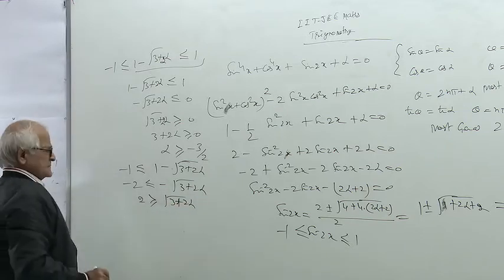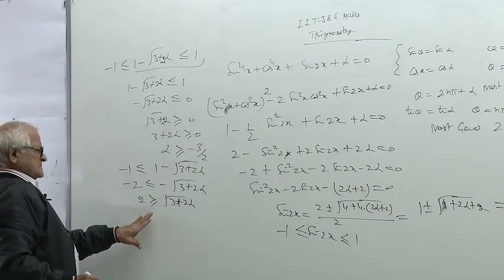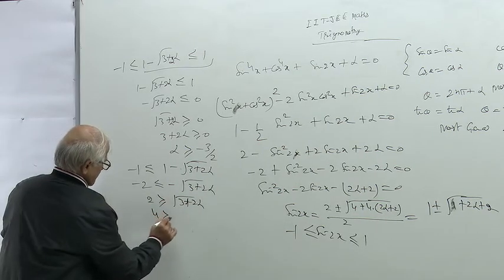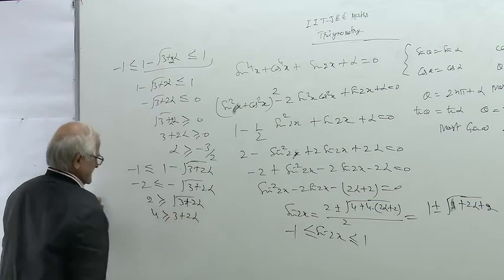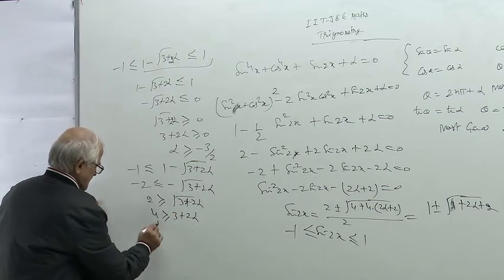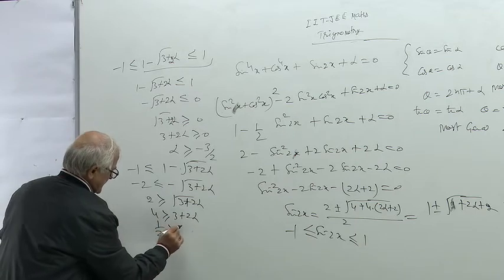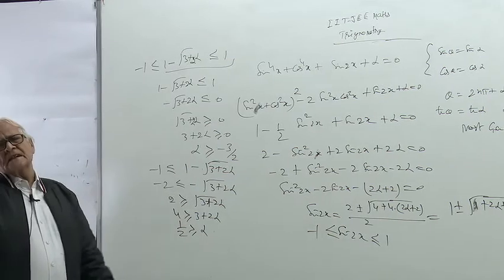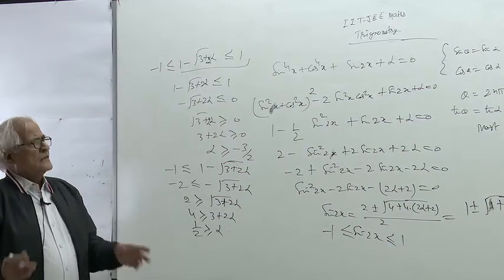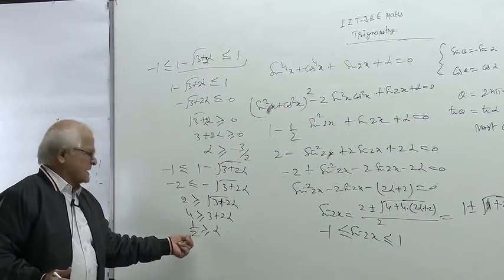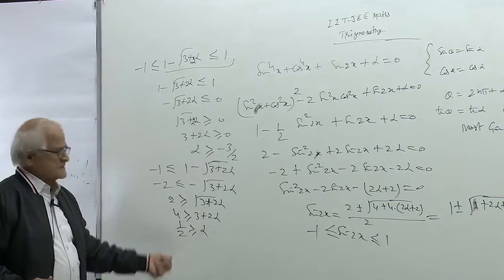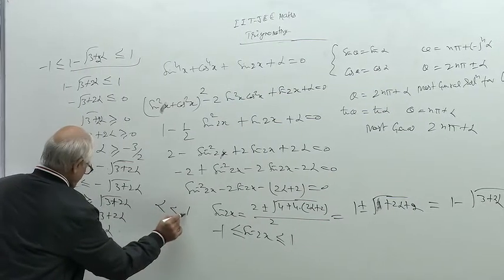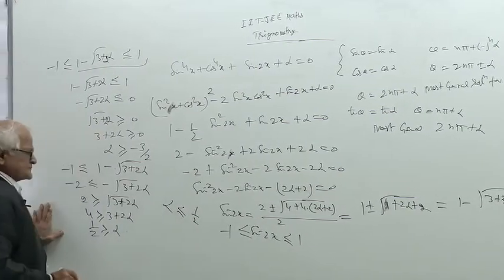Then squaring, we get this. Now 1/2 is greater than alpha. This gives half greater than alpha, that is, the value of alpha is smaller. Therefore, alpha is less than or equal to half.